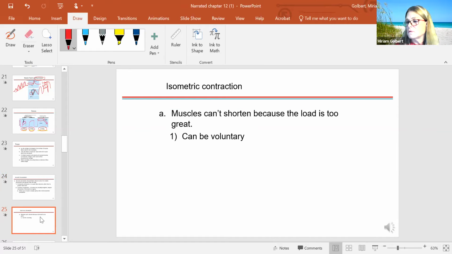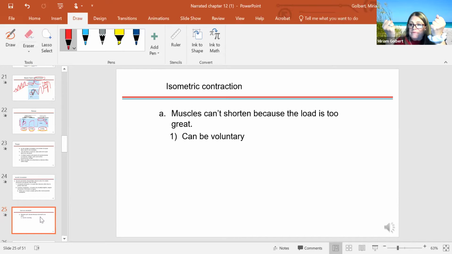Yes, Julie. When you say that instead of shortening the muscle lengthens, is that an injury? Well, it's not quite. I mean, they could, but not quite. It's just that they're trying to shorten, but the weight is so heavy that they start kind of giving in. So that's what an eccentric isotonic is.